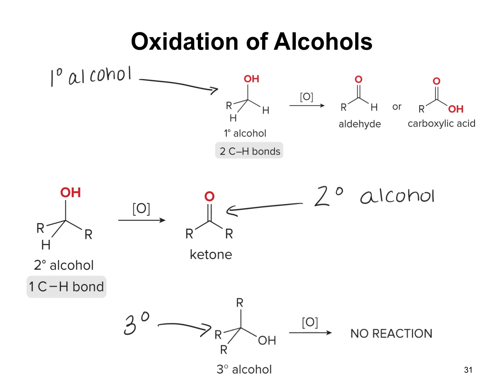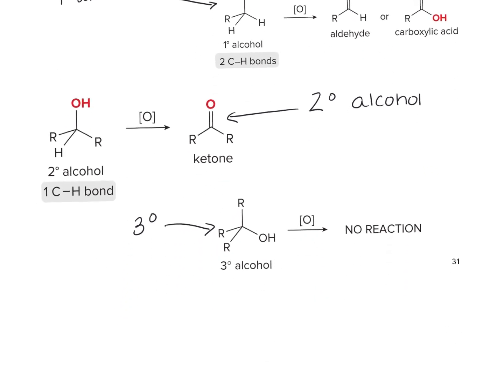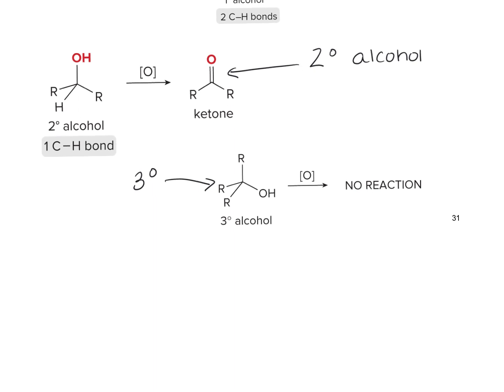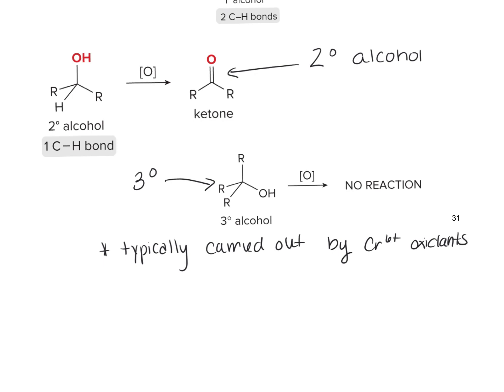Now, the oxidation of alcohols to carbonyl compounds is typically carried out by chromium oxidants, right? And so these are reduced to give chromium 3+ products.